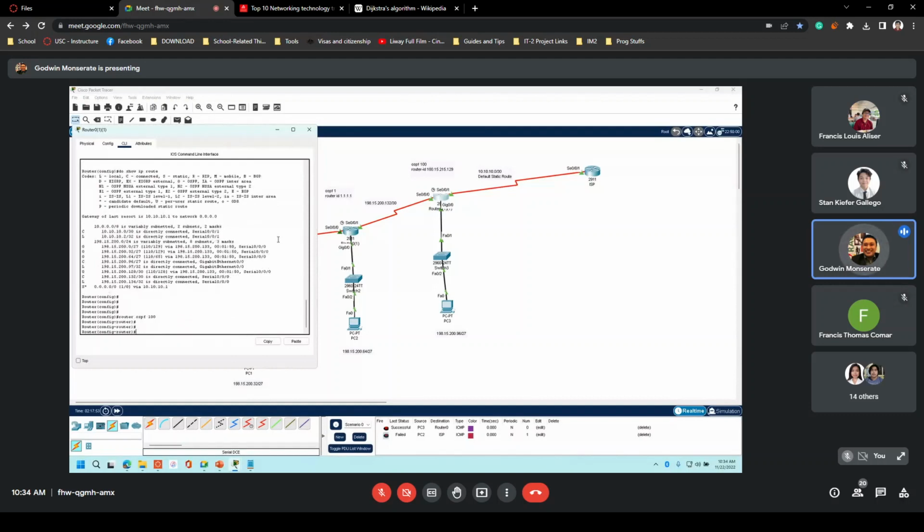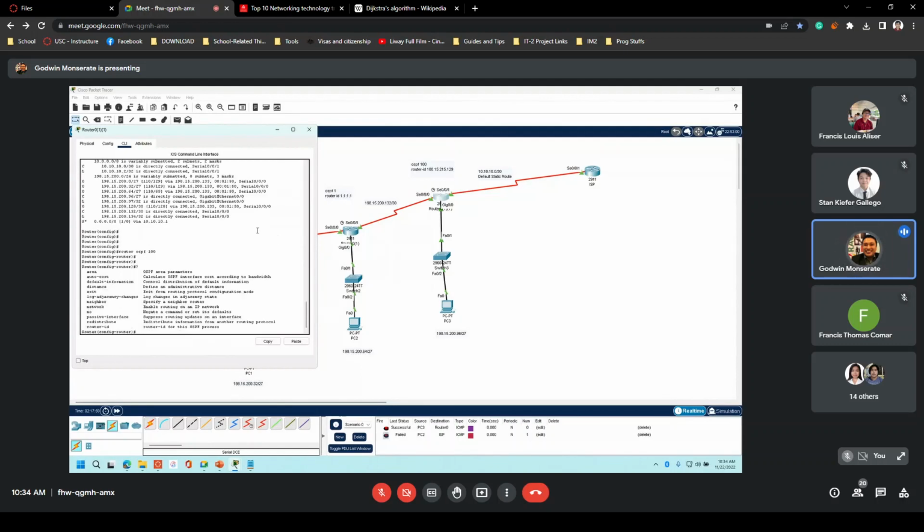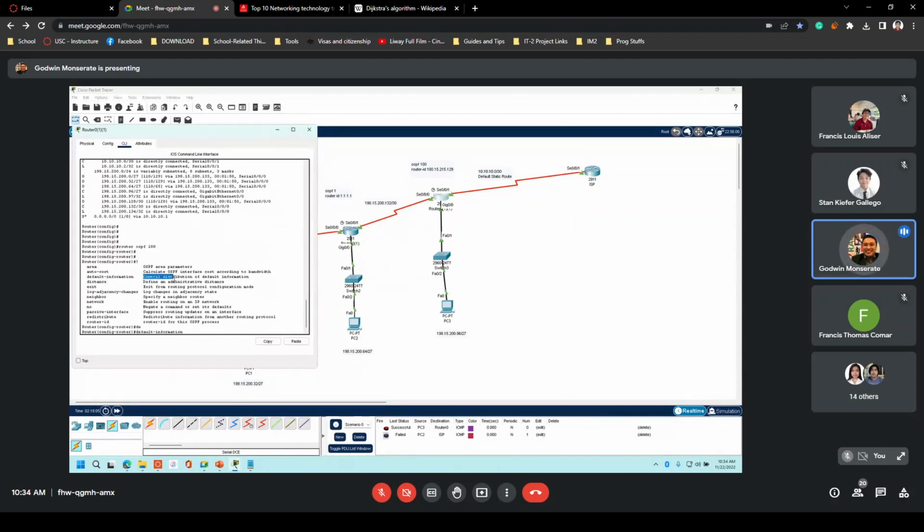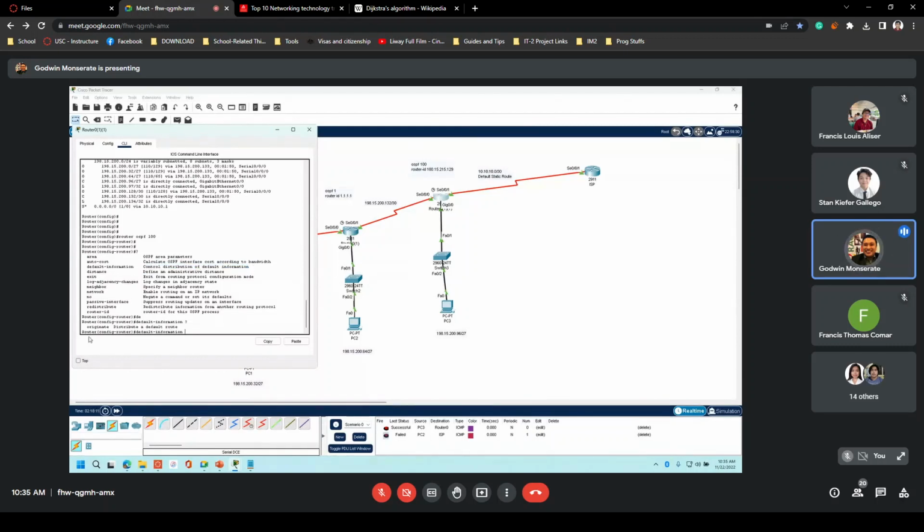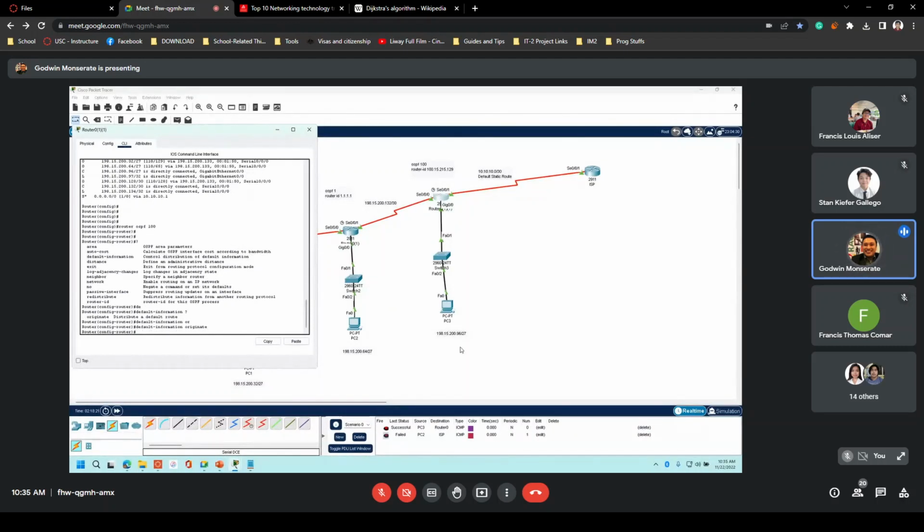And isulod na ko siya ang imuhang default static route by giving the command default information. Kay nakabutang diri control distribution of the default information, originate distribute the default route. So meaning ang imong command ani is default information originate, enter. Nakasabot wala?